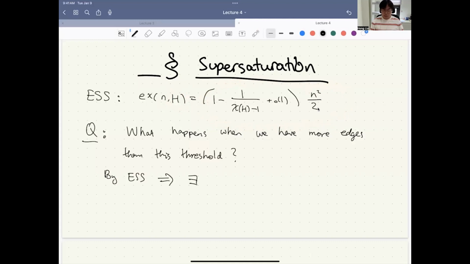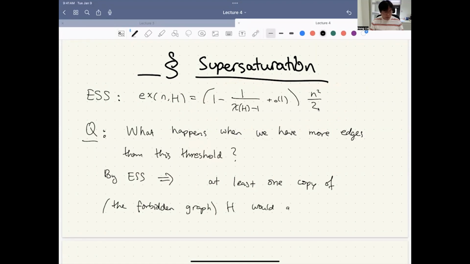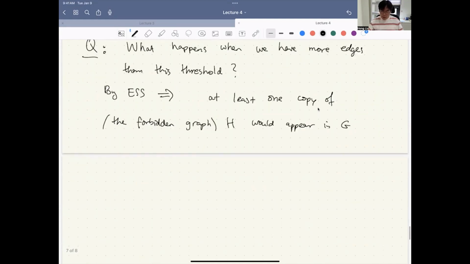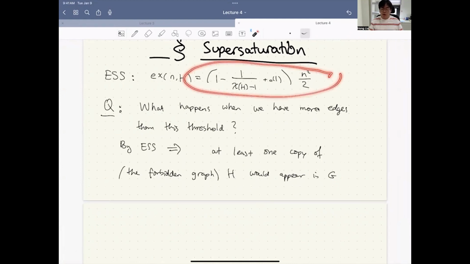There would be at least one copy of this forbidden graph H appearing in G. And the so-called supersaturation phenomenon is that, in fact, when we go above this bound, not just that you will see at least one copy, suddenly you go from 0 guaranteed to many, many copies.